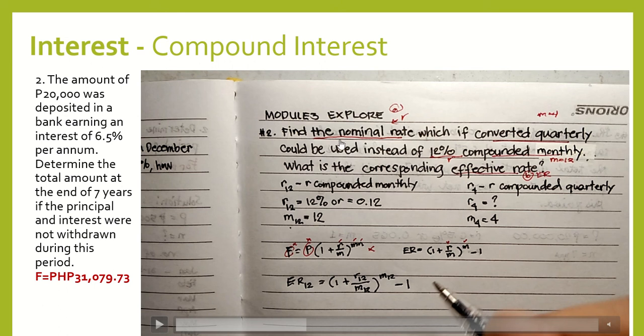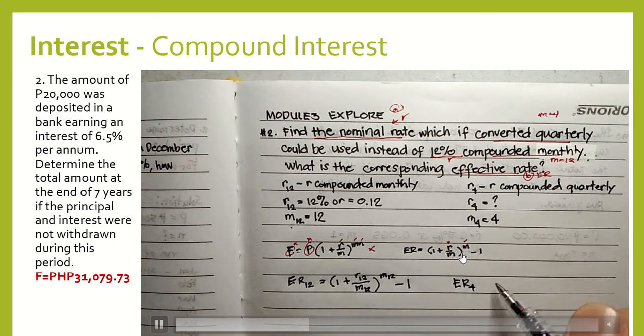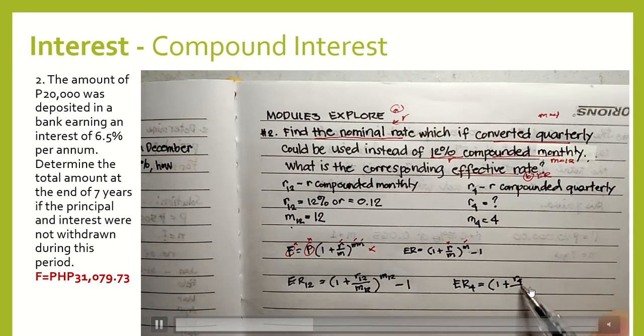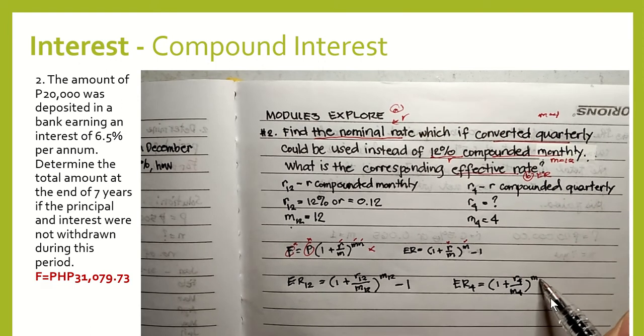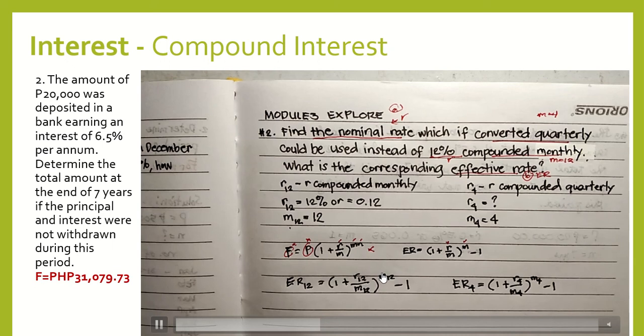So the ER of R compounded quarterly must be equal to the ER of 12% compounded monthly, and that ER compounded quarterly will then be equal to 1 plus R sub 4 over M sub 4, raised to power M sub 4, minus 1.